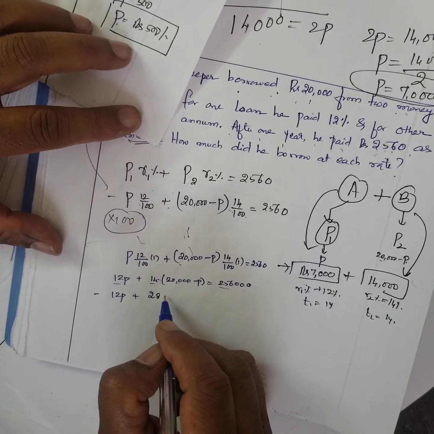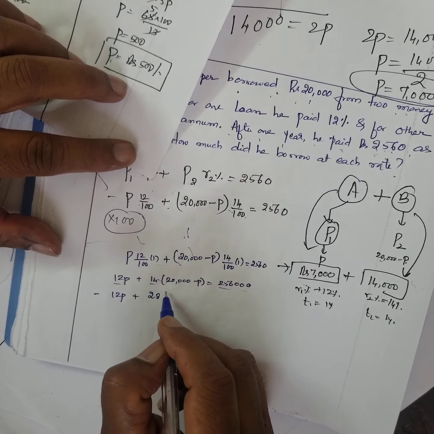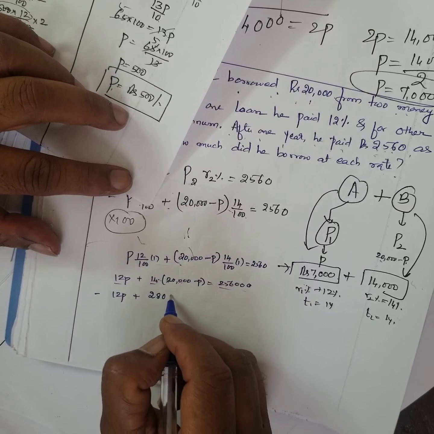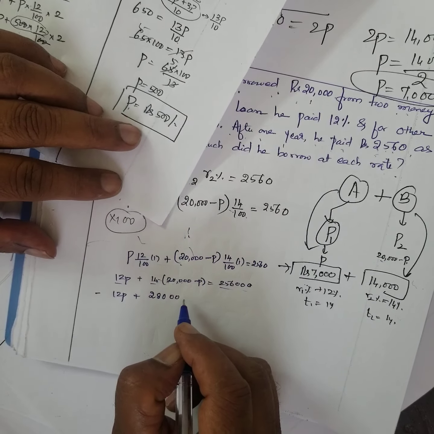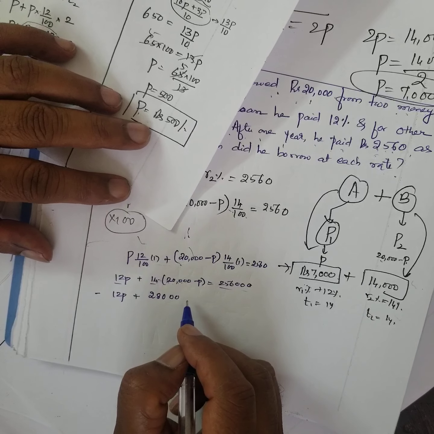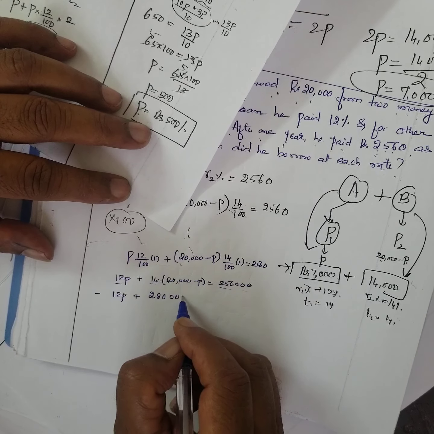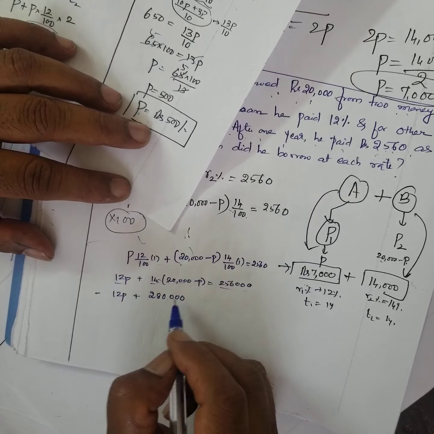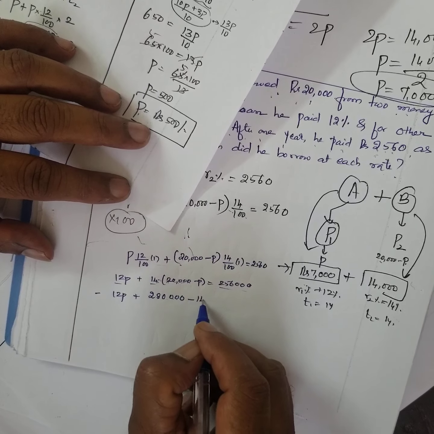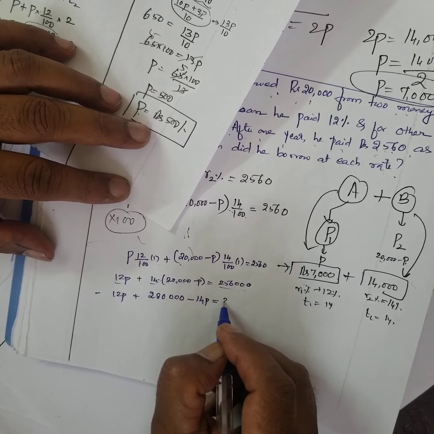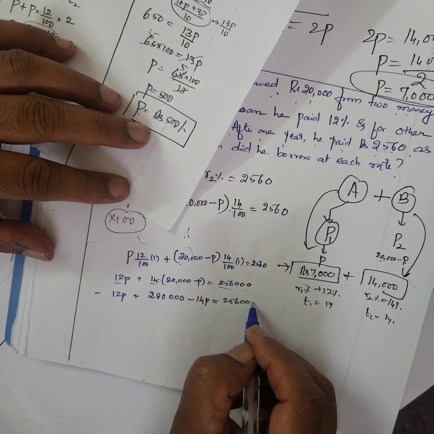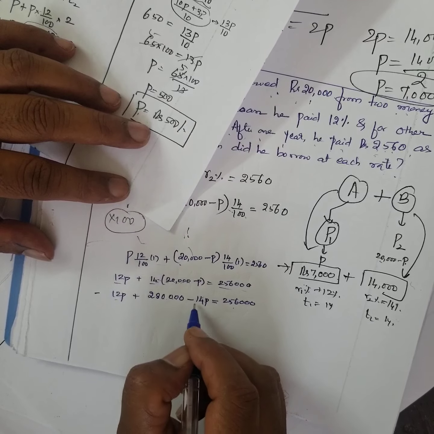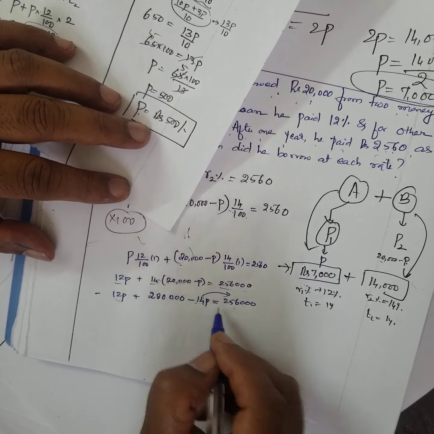28,0,0,0, right? 40, 1, 2, 3, 4, 40, no? 40 minus 14p equal to 256000. Then what? Minus 14p minus 2p, therefore you send that side.